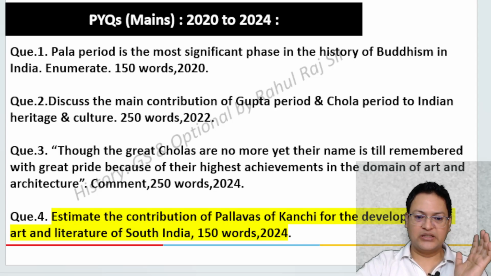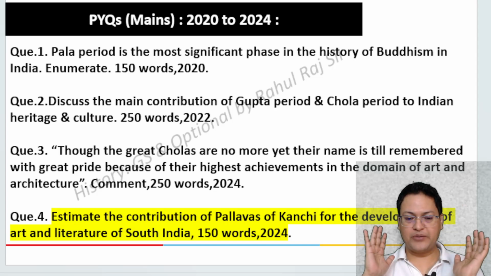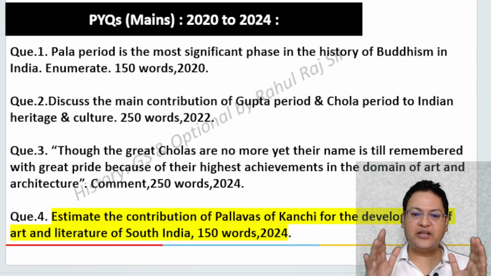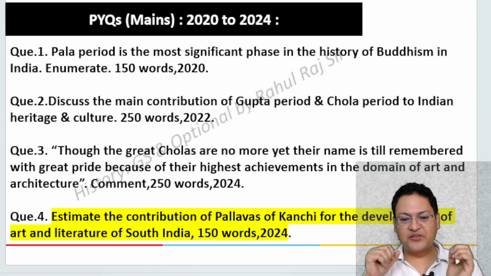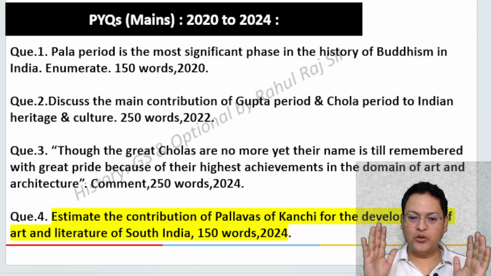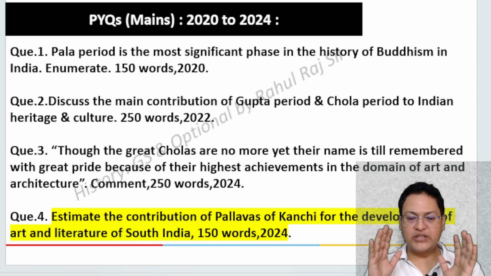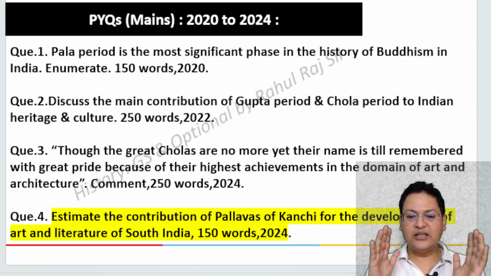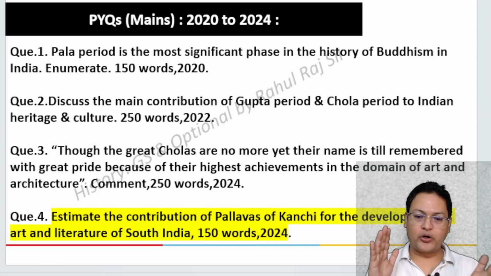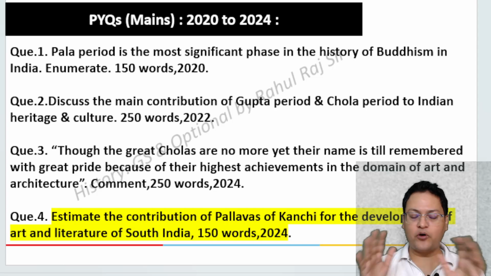Now see guys, what I have seen is that a large number of students do not initiate answer writing because of the fear of writing the introduction and conclusion. So come out of that. What is more important is the main body. The main body of the answer is most important, and intro and conclusion are also important, but first you practice writing the main body in point form.